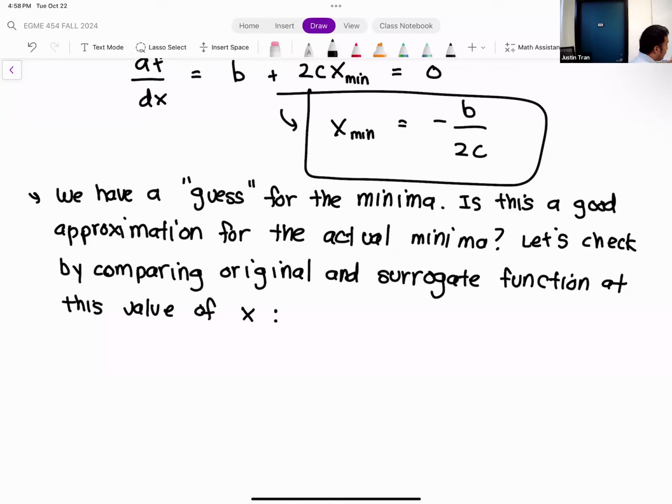So we have to do a fourth function evaluation here, okay? We've already evaluated our original function at x equal to 0, x equal to t, and x equal to 2t. This x min is likely going to be different than t or 2t, and different than 0.